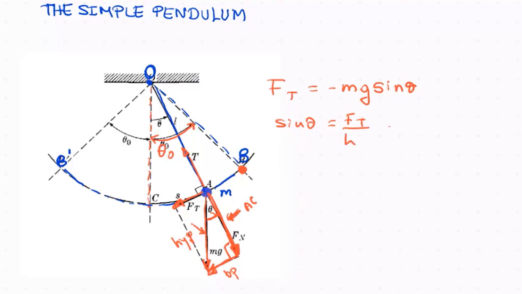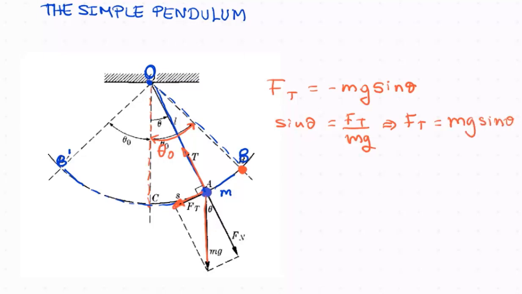In this case, the hypotenuse would be the weight mg. That way we have that the tangential component of the force is equal to mg sine of theta.